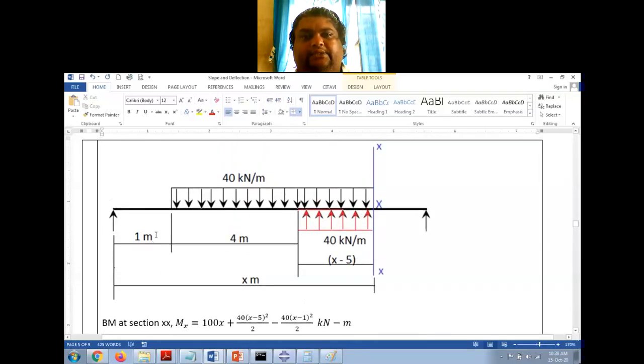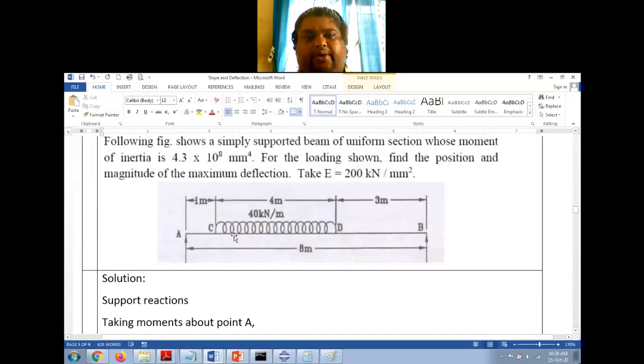See, there is a catch here. The value of x, that is the maximum deflection point, should be between the point C and D. It cannot be in between A and C and D and B always, because the loaded section of the beam is C to D here, right? So the value I got is 3.79.